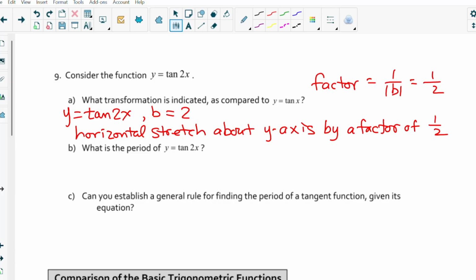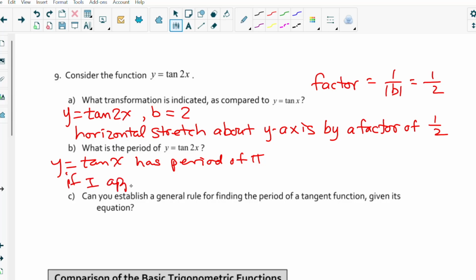What is the period of y equals tangent of 2x? So if my stretch factor is 1/2, let's do this. y equals tangent of x has a period of pi.